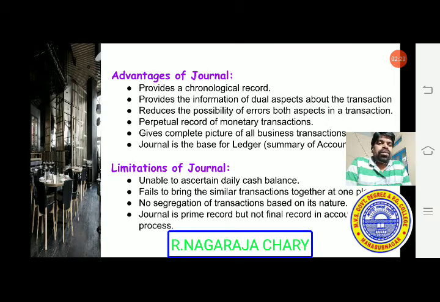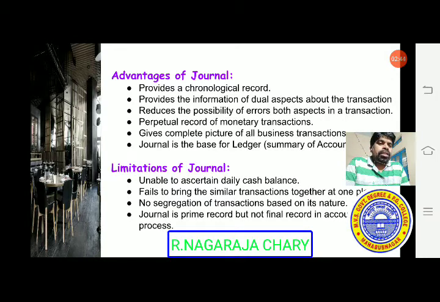Okay. So, next one, provides the information of dual aspects about the transaction. So, earlier we discussed, if you see any transaction, in that transaction we have two aspects, a giving aspect and a receiving aspect. These are the two aspects.